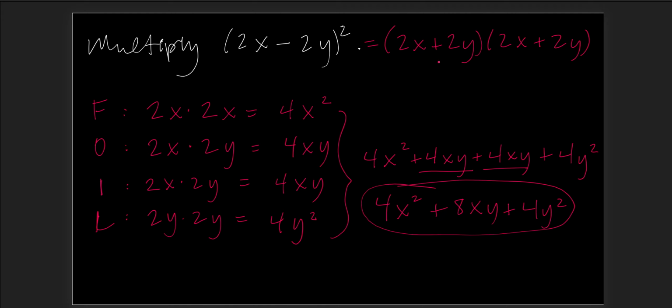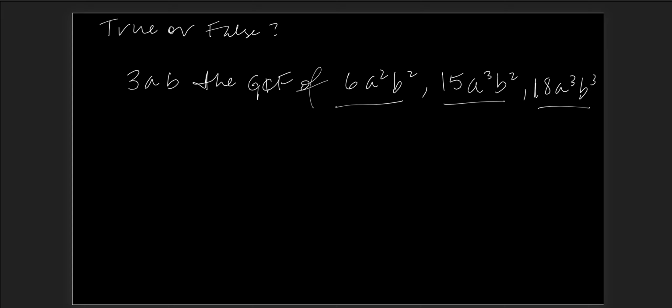And that's it. That's what 2x plus 2y squared equals. Remember, you cannot just distribute that 2 to each term. You have to write that out and see what you've got to work with here, and then use FOIL. You might be given some of these in true-false types of questions, so you must FOIL it out, write it out, and see if that's true, what they have there.